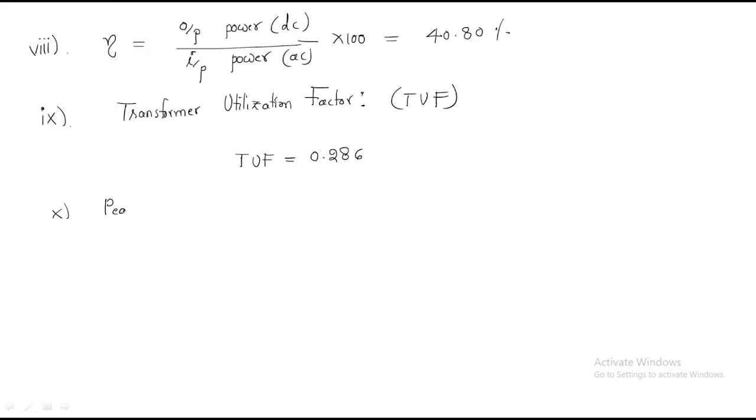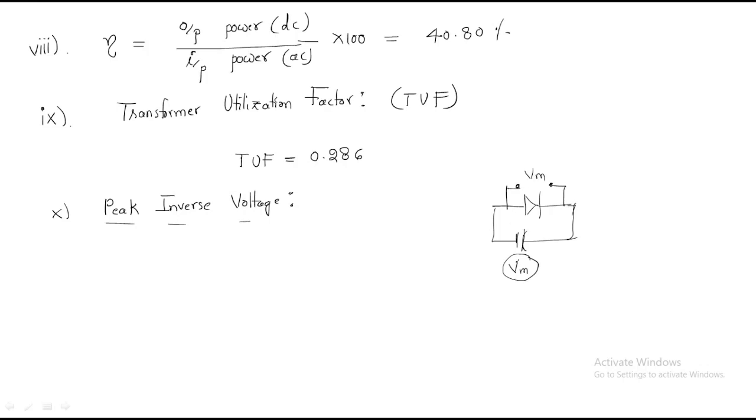The next and last factor is the peak inverse voltage. From the name itself, peak inverse voltage means when you apply reverse bias to the diode, what is the maximum voltage it withstands. For example, reverse bias means the diode acts as an open circuit, so the total Vm appears across it.